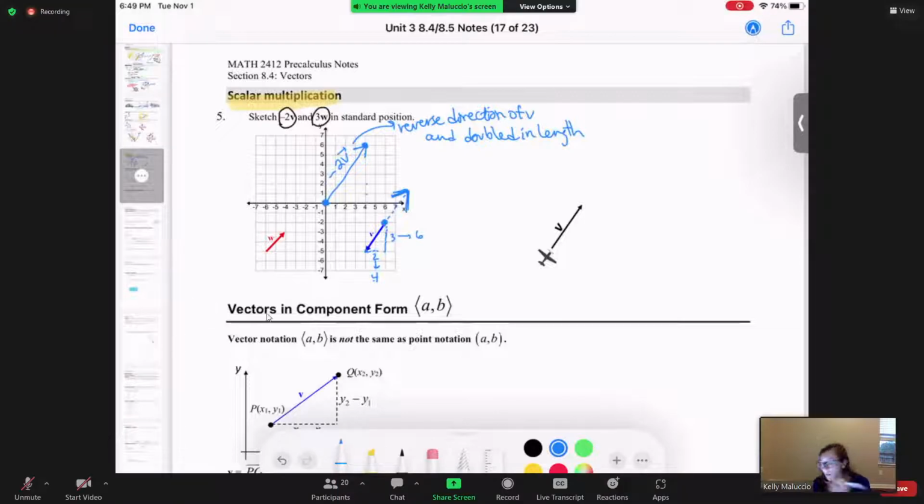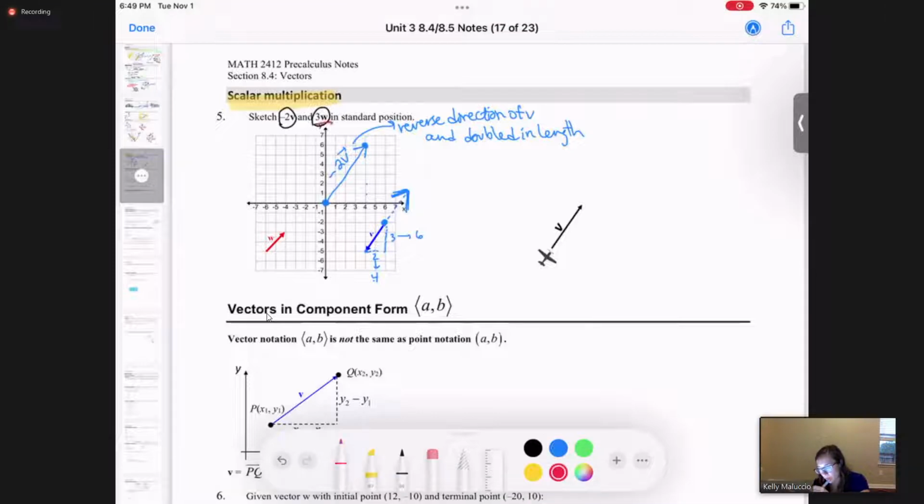And then for, what did we ask here? 3w. So now 3w. W is just, they started us off, it's 2 to the right and 2 up. So we basically just triple everything, right? And we're keeping the same direction. So the arrow is still this way. So we're moving our starting point to 0, 0. And we triple it.